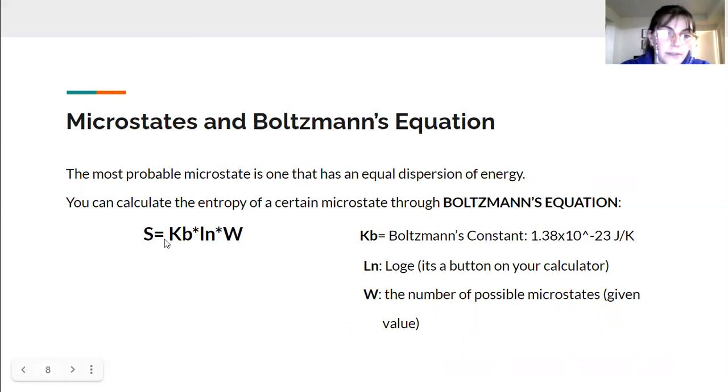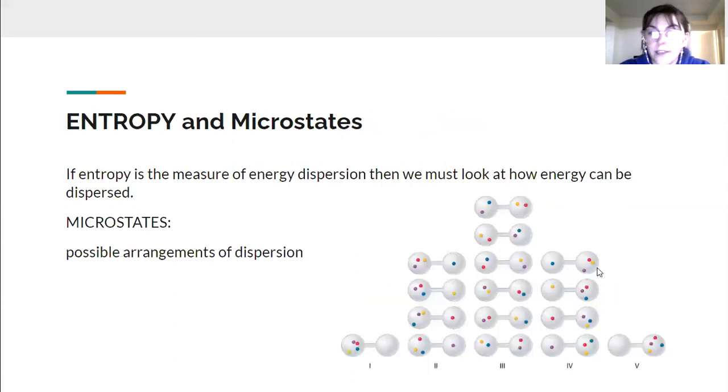So we have entropy equals Boltzmann's constant times the ln, which is the log base e, it's a button on your calculator, of W. And in this case, W stands for the number of possible microstates. So if we were to use this equation for this example, we would have 1, 2, 3, 4, 5 possible microstates.